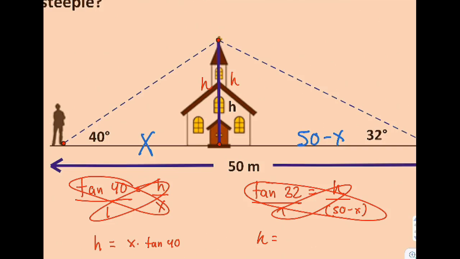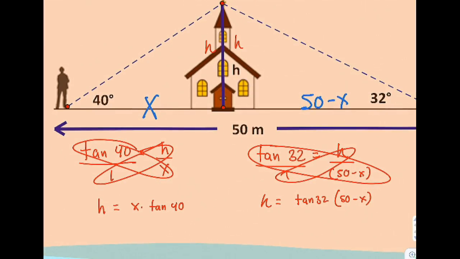And then when you go the other way, it's the tangent of 32 times 50 minus x. From there, you now know that both of them are solved for h. If they're both equal to h, that means that that is equal to that.